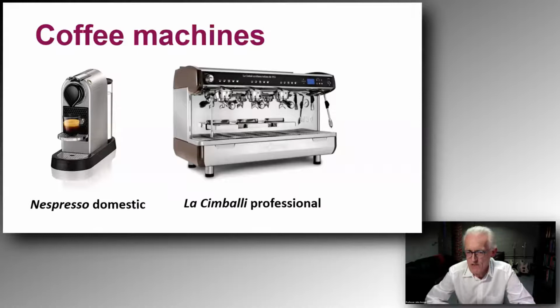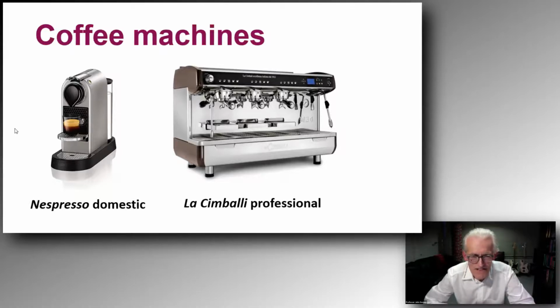It can make enormous amounts of very good coffee, more or less at the same time, and you can manage to provide it to many people in a very short time. And this is the kind of thing, of course, you see in Starbucks. So they both have their application. You wouldn't want one of those in your kitchen if all you needed was a quick coffee at 7 o'clock in the morning. So both of those have their place as appropriate.